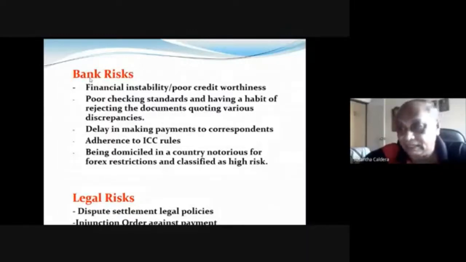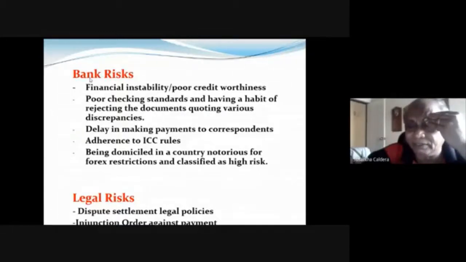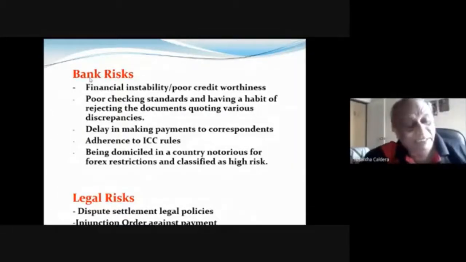But during Mrs. Chandrika Kumaratunga's time, one good thing she did was change this legal system. It's not easy to get an injunction order now. You have to prove it.